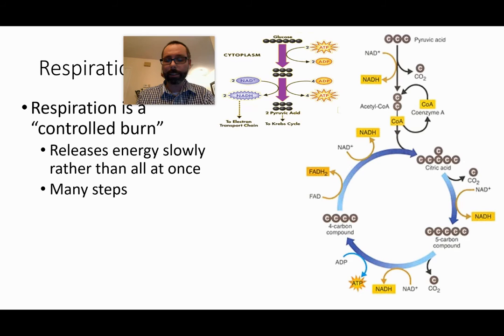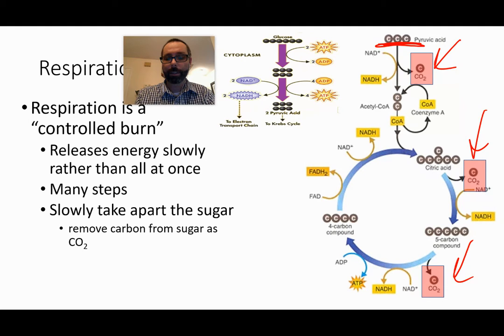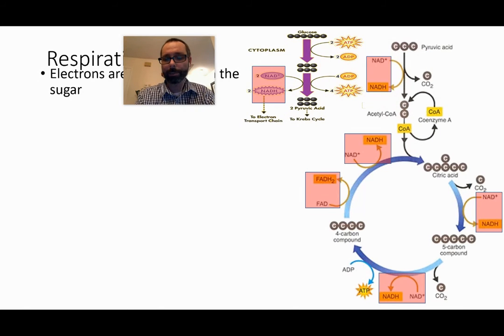The biggest thing to know is that during this process, we are slowly taking away the sugar, right? There are 3 places during these steps where a carbon dioxide is going to be removed. We started with 3 carbons, and there's 1, 2, 3 of them being taken away, right? During that process, we're going to take a bunch of electrons. That's what these molecules are.